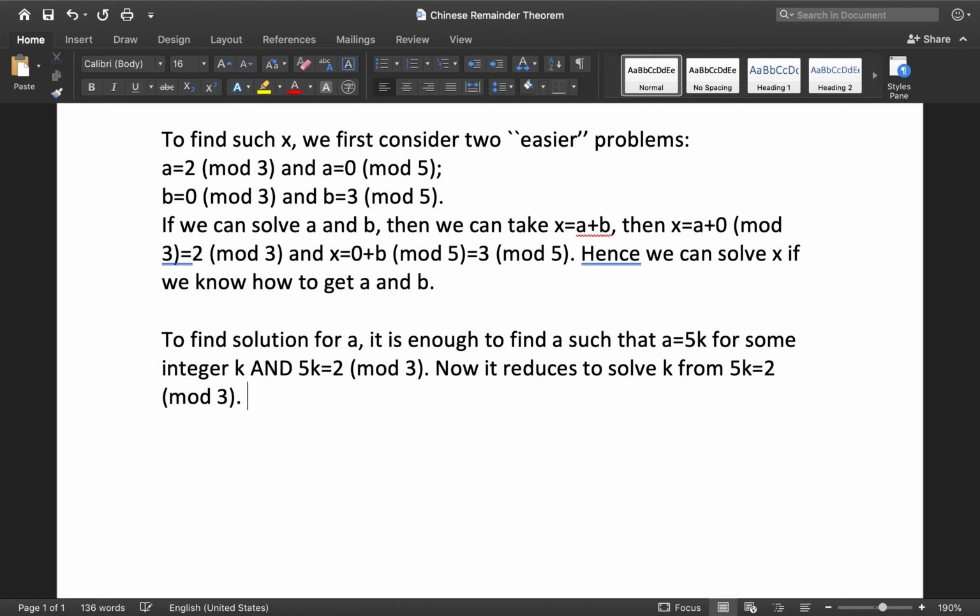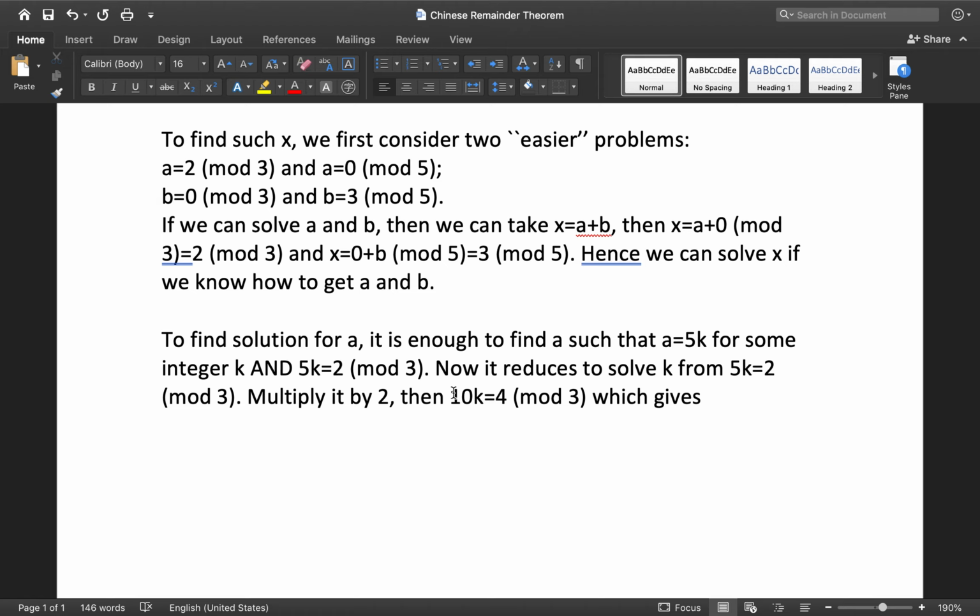For example, we multiply by 2, then we have 10k congruent to 4 modulo 3, because remember this number 10 is congruent to 1 after you take the congruence with respect to 3, because 10 minus 1 is equal to 9, and that is congruent to 0.